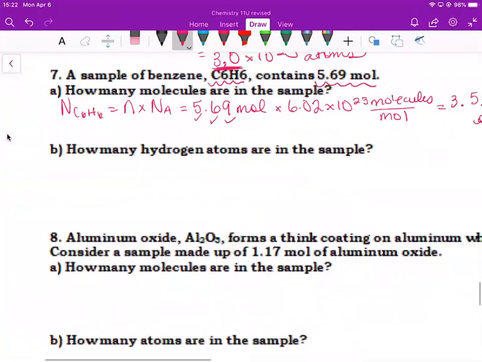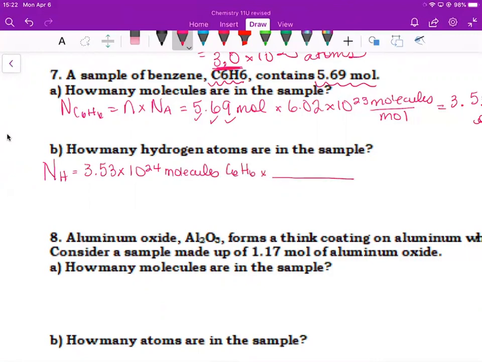Okay. Then it's asking how many hydrogen atoms are in the sample. It's asking for just hydrogen. I know that I have 3.53 times 10 to the 24 molecules of benzene. Now I have to make what I want over what I got. I have benzene, which is a molecule, and I want hydrogen.